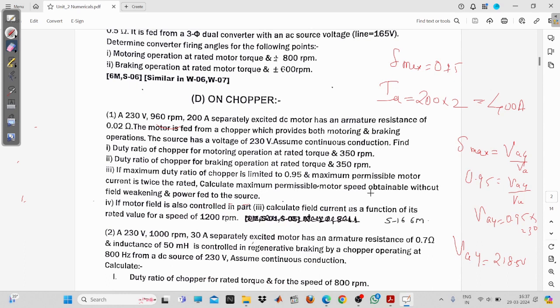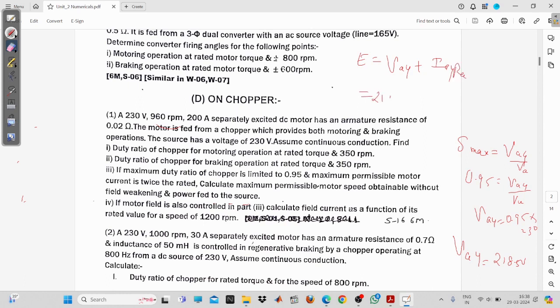After doing all this, what has been asked is to calculate the maximum permissible motor speed obtainable without field weakening. So for speed, you will have to calculate the value of E. E will be equal to VA4 plus IA4 into RA.